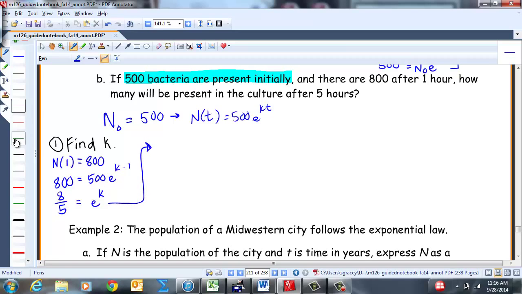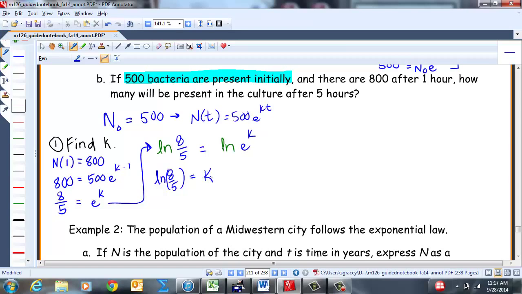We need to apply the natural log to both sides of the equation. So natural log of 8/5 is equal to natural log of e to the k, so we'll have natural log of 8/5 is equal to k. So that's from the last section.